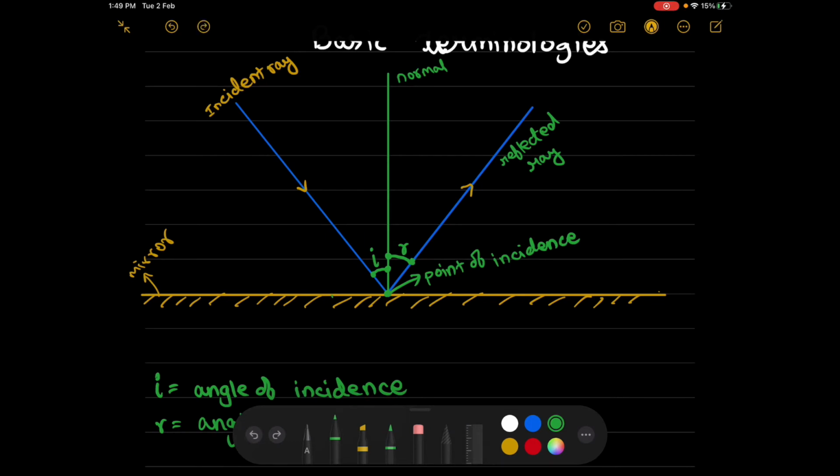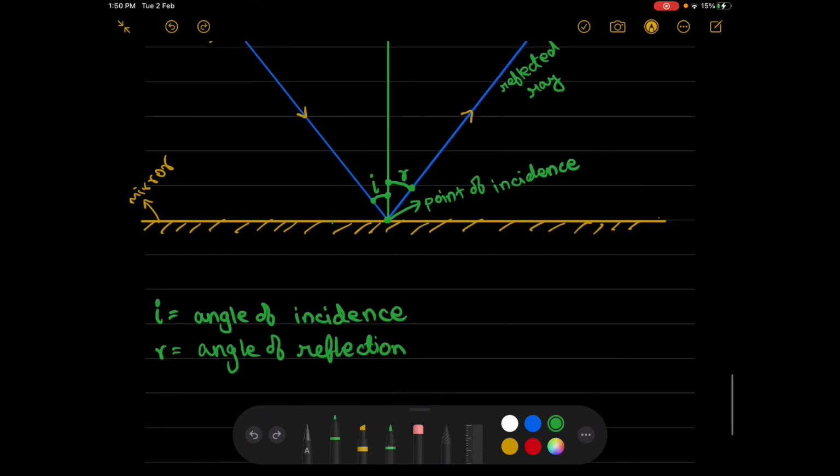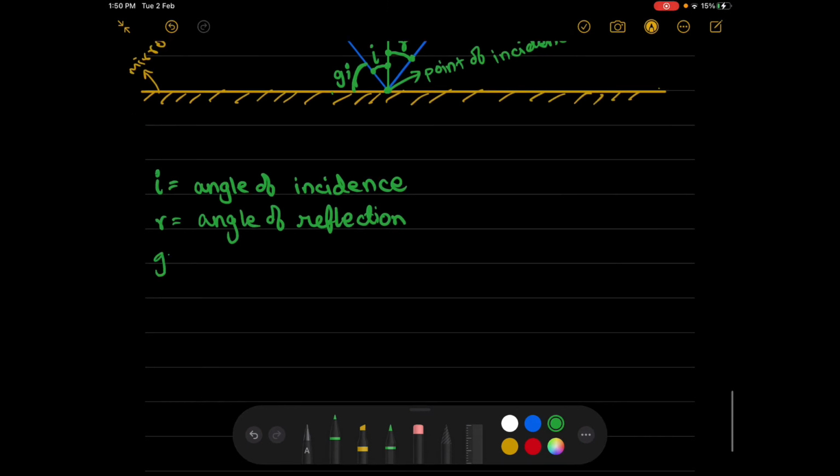Okay, so now there is one more thing, and that is known as glance angle of incidence and glance angle of reflection. This part, which most people confuse as angle of incidence, is GI. I will come back to it here. GI is the short form only.